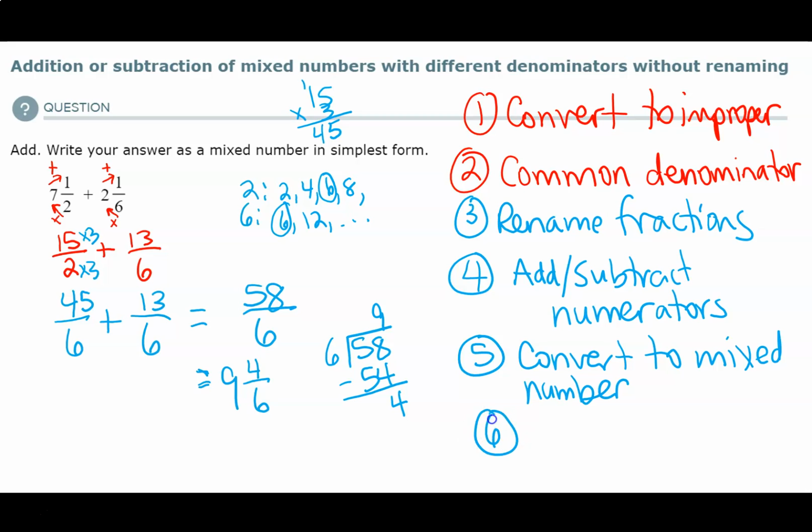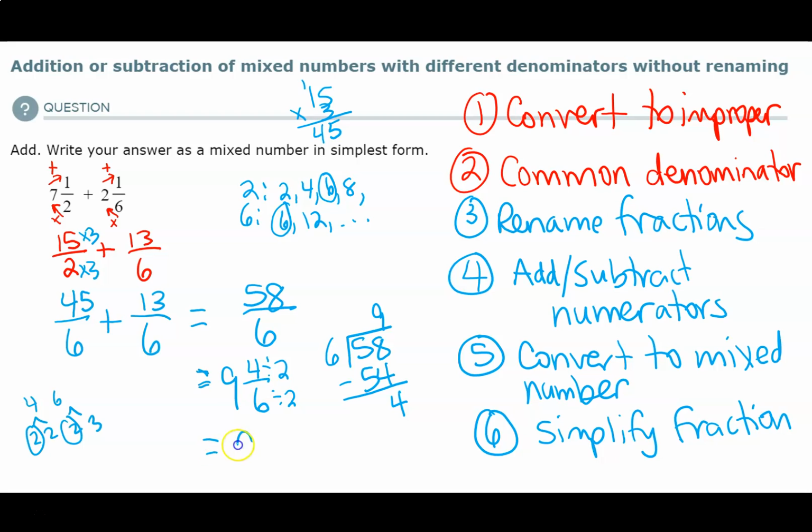And so then our last step is going to be to simplify the fraction. Okay, so I look at my 4 and my 6, and I can see that I'll have a 2 in common, so I'm going to divide these by 2, and I get 9 and 2/3.